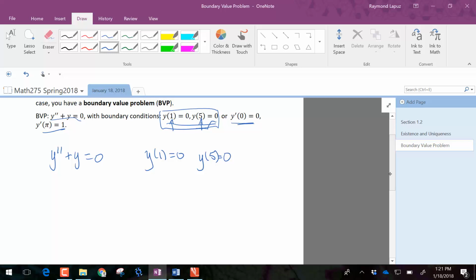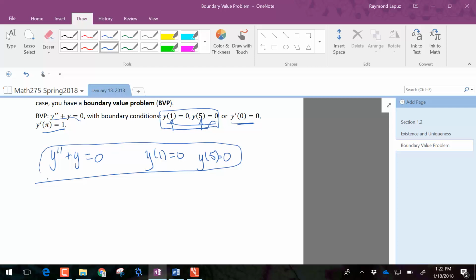I'm wondering if anybody can come up with a solution to this, with the boundary conditions. So I wonder if we can find a solution to this. The thing about the existence and uniqueness theorem is that it applies to initial conditions, initial value problems.